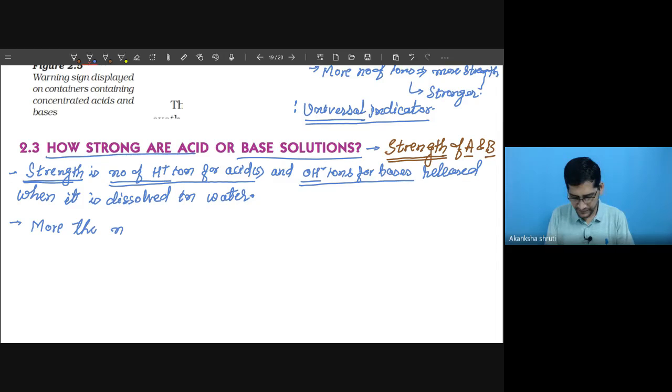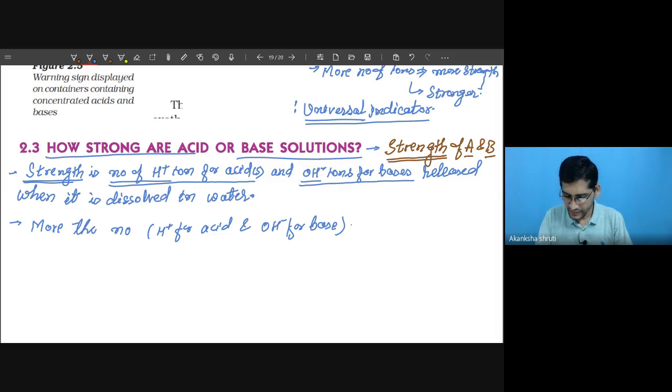The number means H plus for acid and OH minus for base. More the number, more the strength.